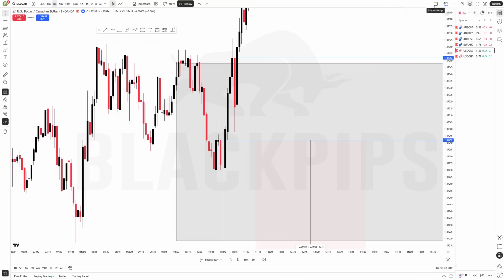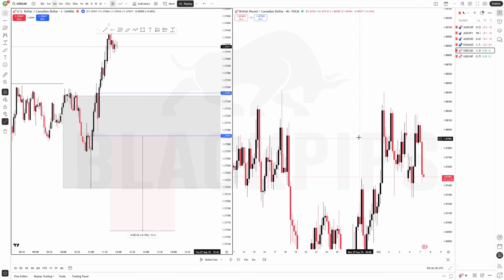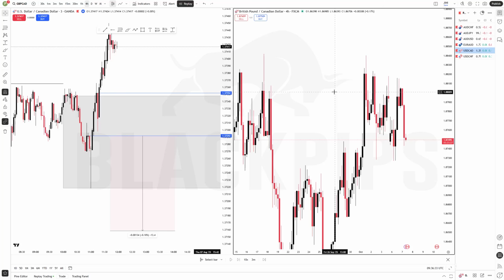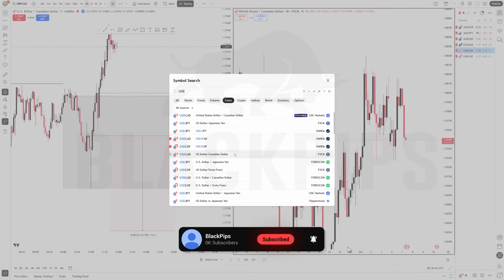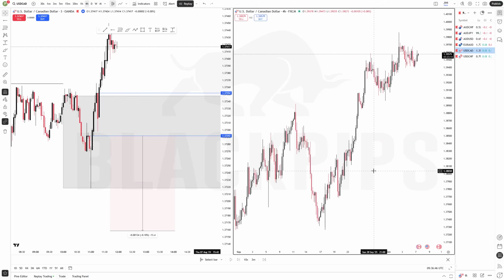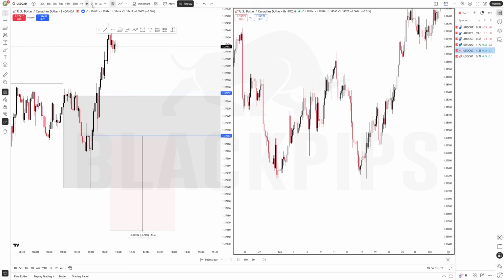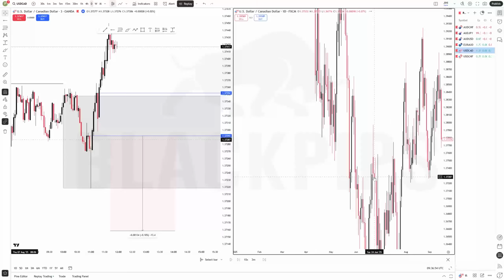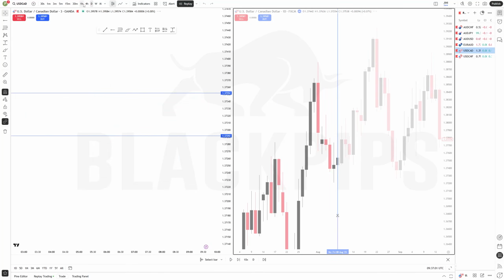But if we try another broker, let's try FXCM, USD CAD on FXCM. Let me go back to the daily time frame and cut the chart to this point, and then we go back to the 1 hour.